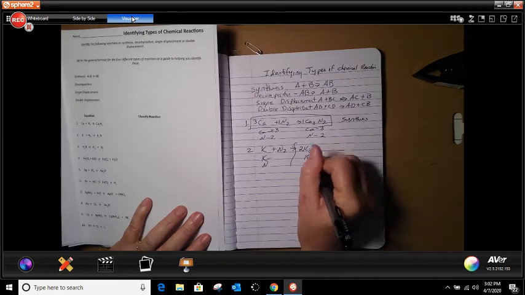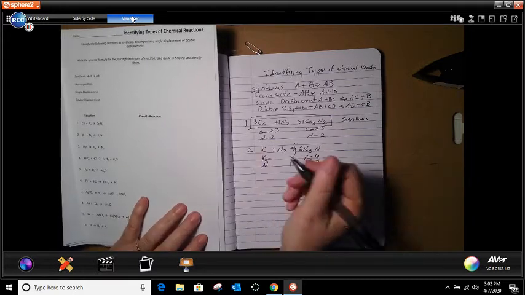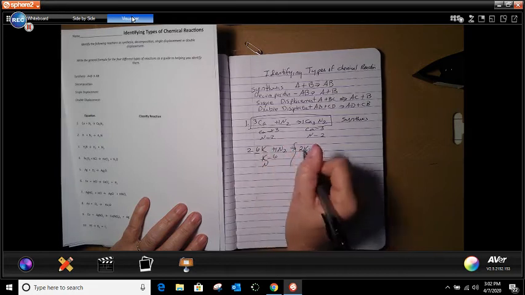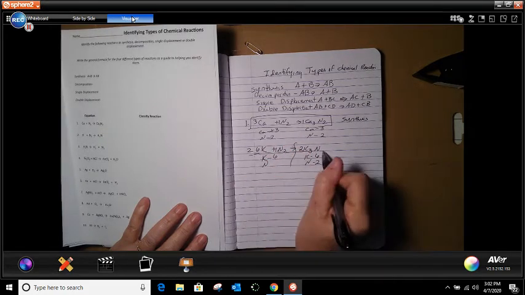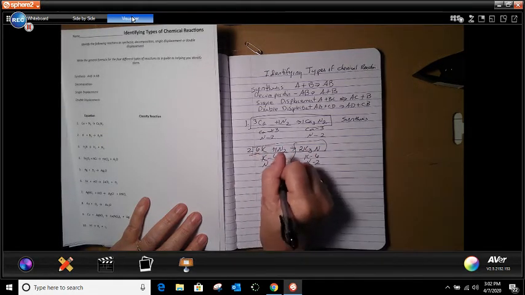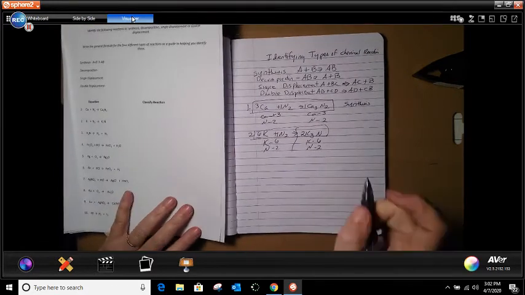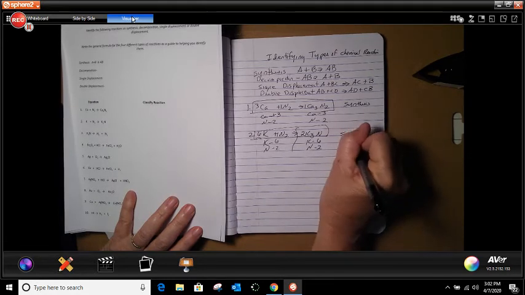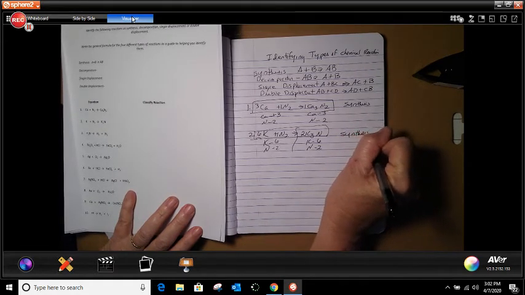So N is 2 and K is 3 times 2, which is 6. Now I can work on it. 6 and 6, and now it is balanced. That one is A plus B equals AB, which is also synthesis.